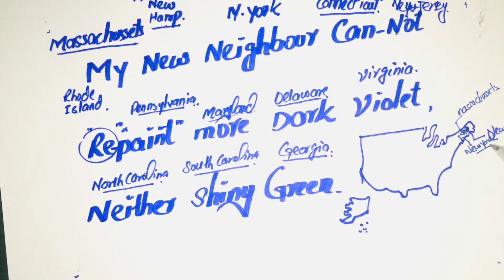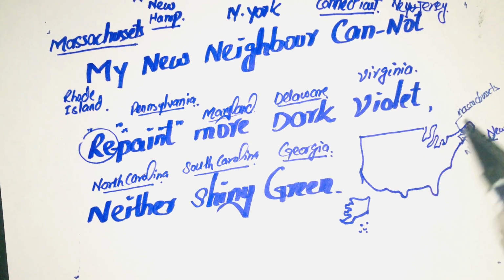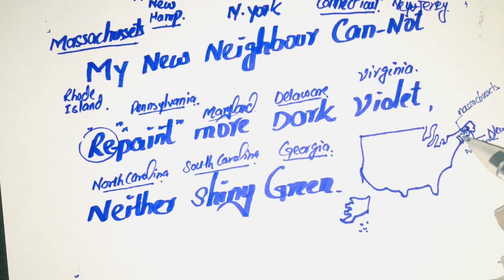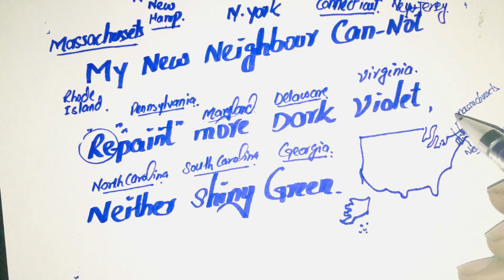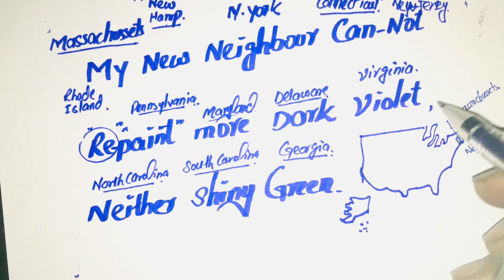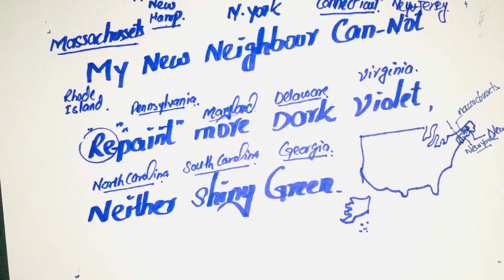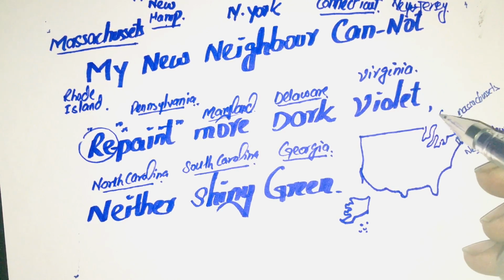the famous city. And after New York, there are 2 colonies which are overlapping each other, and these colonies are, first colony is Connecticut and second is New Jersey.